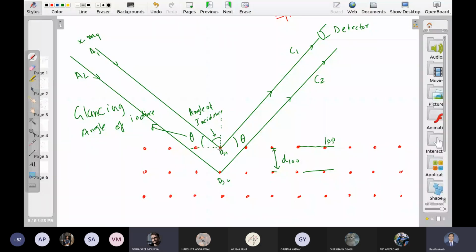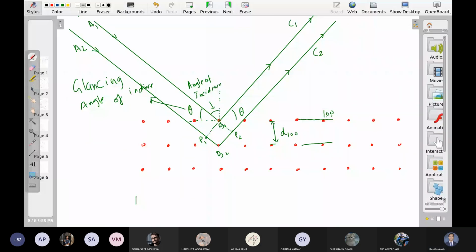So let me draw one perpendicular from B1 in 2D, in this direction. One perpendicular on this side. This is point P1, this is point P2. So how much is the extra path? P1, B2, P2, right? How much is that equal to?